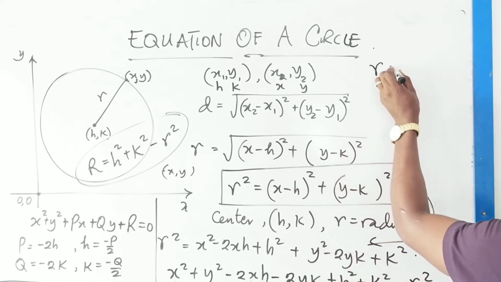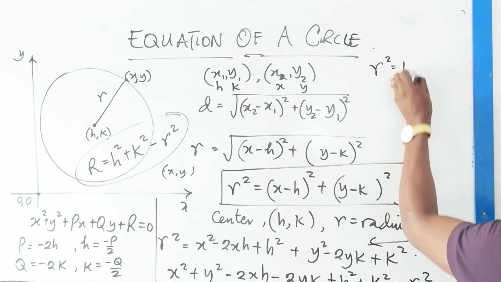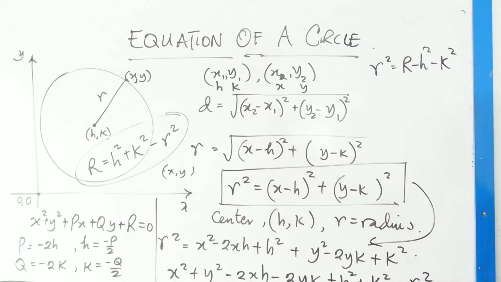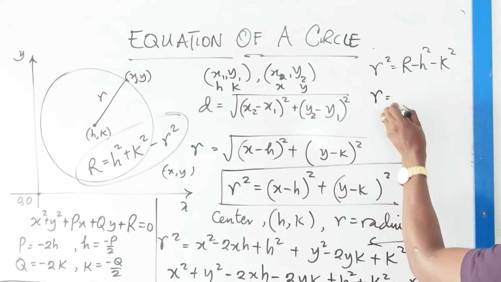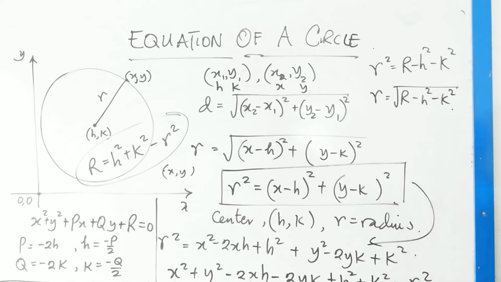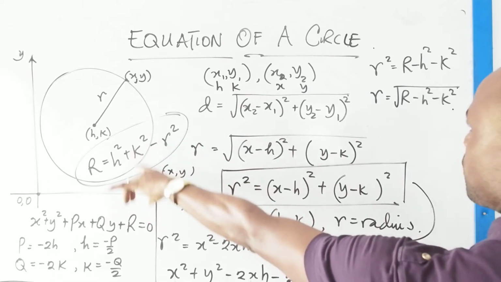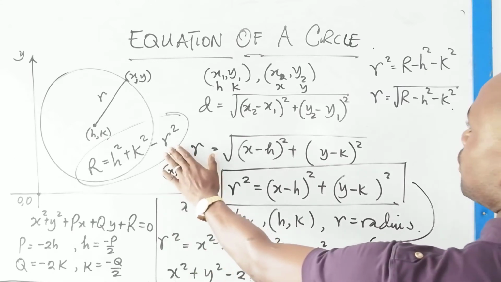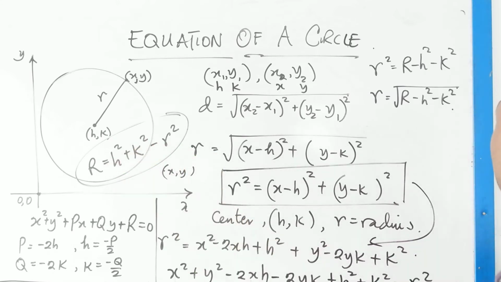My r squared can be written as h squared plus k squared minus R. So take note of what I did. I am taking r squared and R across to represent my R.